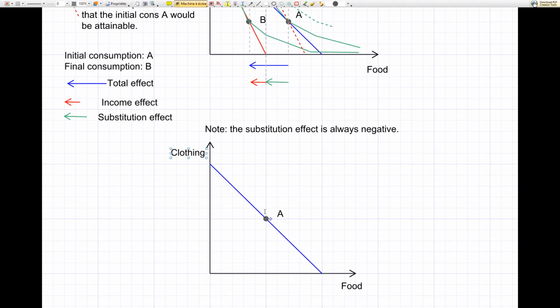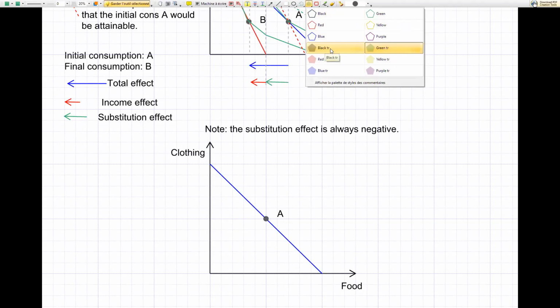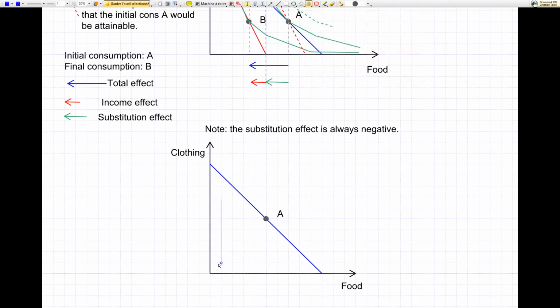So this is all the possible bundles of consumption that the person could choose. And A was the actual choice, right?